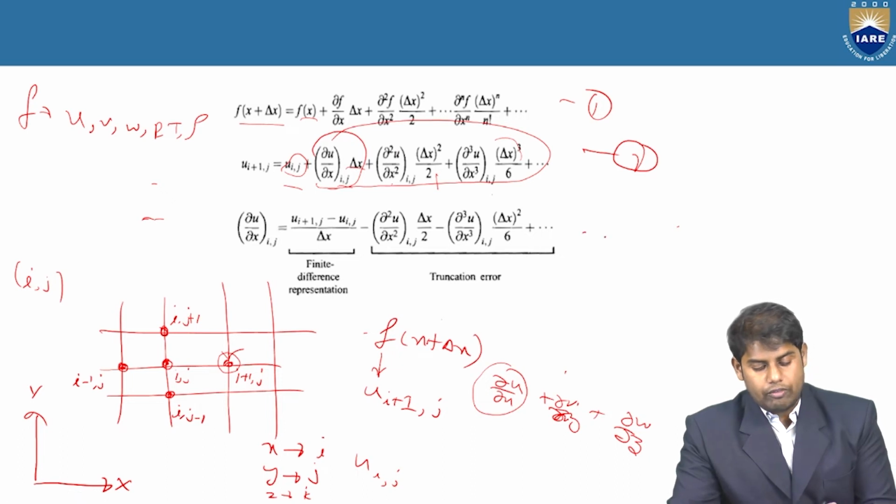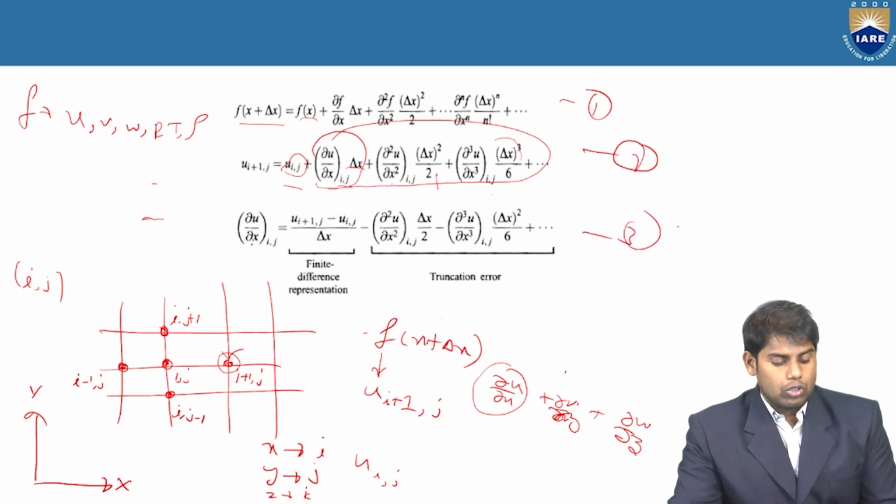So this is what we have in equation 3: dou u by dou x at i comma j will be equal to u of i plus 1 comma j minus u of i comma j divided by delta x.